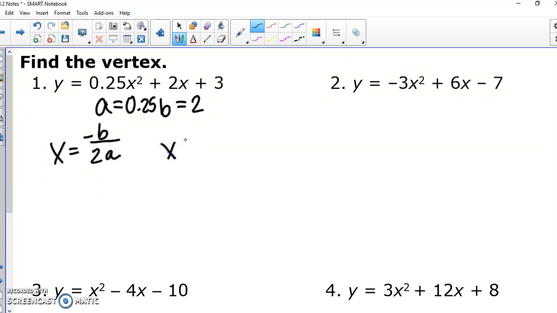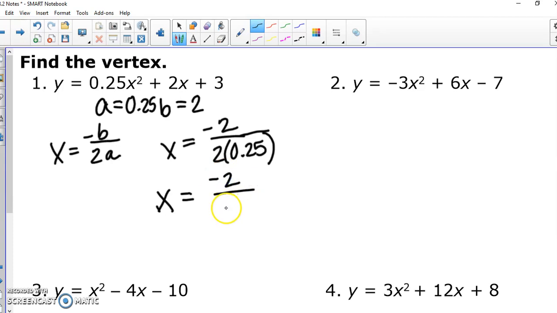So x equals -2 over 2 times 0.25. So 2 times 0.25 is 0.5, so -2 over 0.5. After I figure that out, I should have x equals -4.